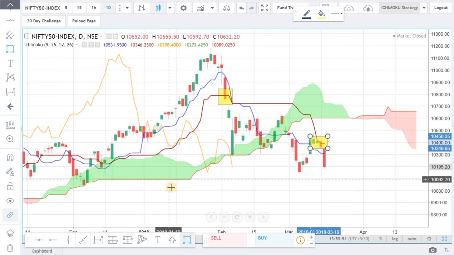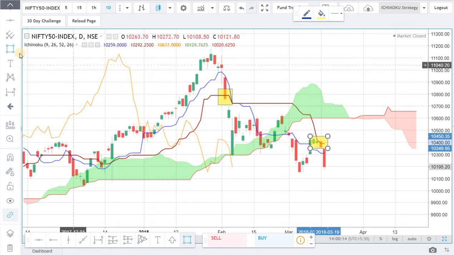But if it is crossing, then you can take it immediately. When price bounces off and goes up, it's a bullish indication. But if it crosses and comes below, then it is a bearish indication. In this case, the price has crossed below the cloud, and therefore it's a sell signal.